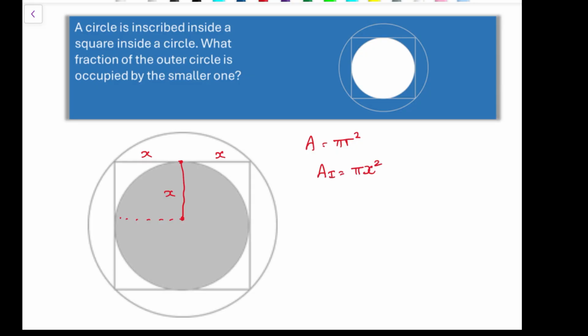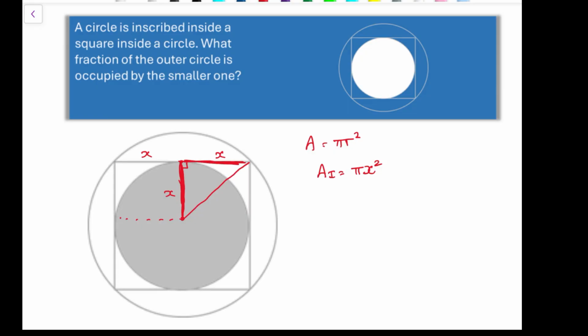So far, so good. The outer circle is where the difficulty comes, because I need to somehow work out in relation to x the length of the radius. The thing to spot is it's hard to go straight up, but if I go across over here, I can find out that length. I know this length here is x, and I know this length here is x.